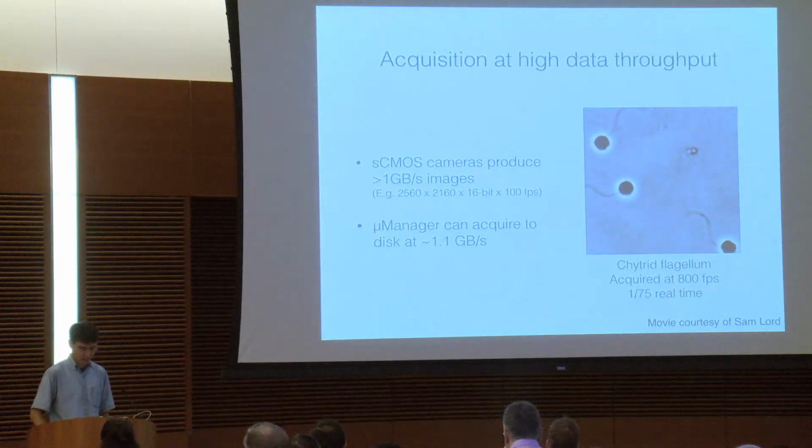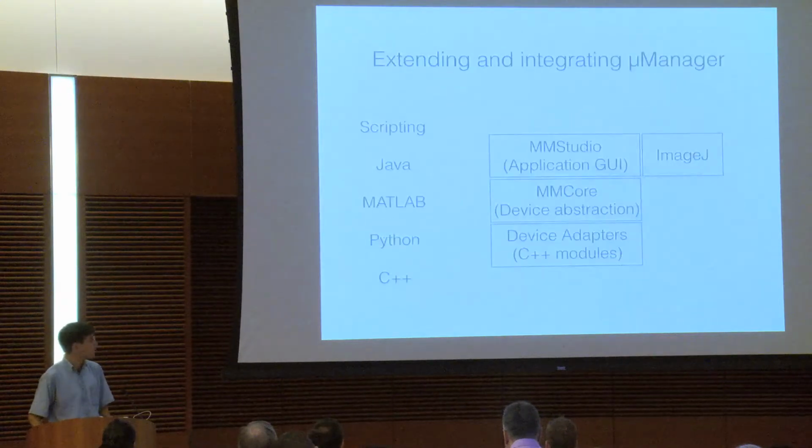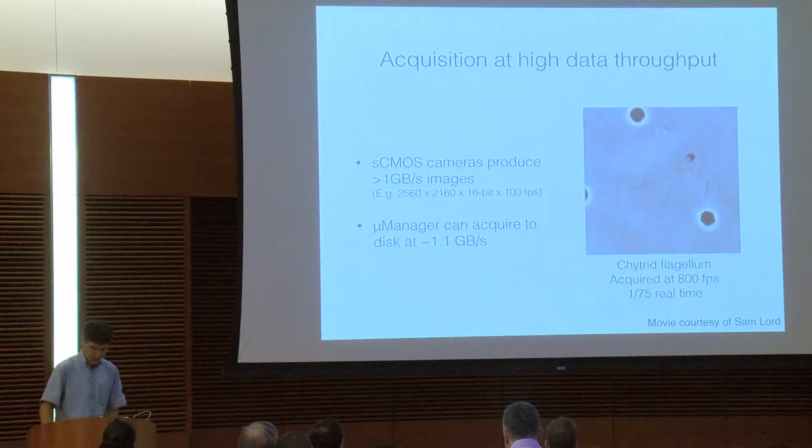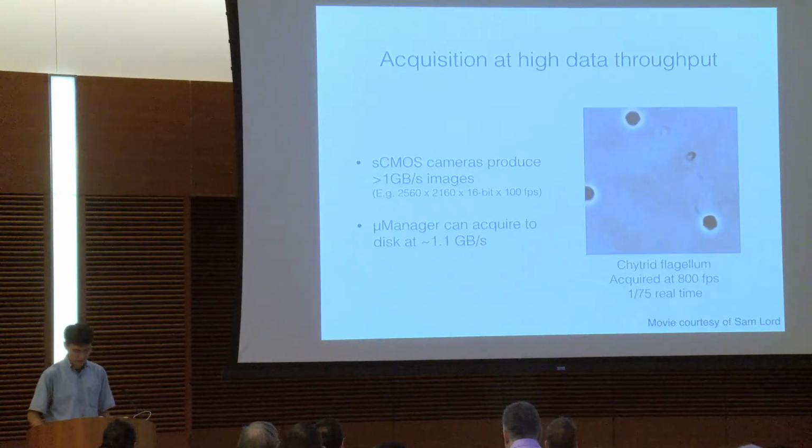And that's quite a bit of a challenge to handle. But if you have a fast enough solid-state disk array, then µManager is capable of acquiring and writing data at over 1 GB per second. And the movie is just illustrating this with 800 FPS acquisition of a chytrid fungus flagellum.